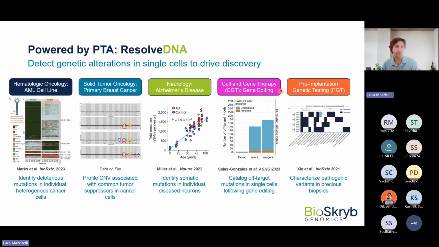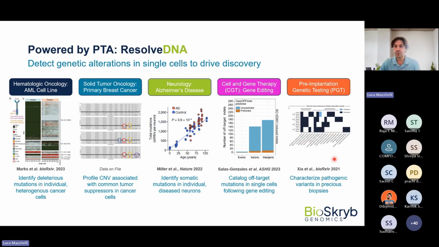When performing a gene editing approach, like the CRISPR-Cas9 approach, where you have a guide RNA to target a specific area to knock out a gene, if you have this powerful tool, which is ResolveDNA, that allows you to screen all chromosomes, the whole genome, you are able to detect not only at single cell level what is happening at the target region, but also all the off-target events like translocations and copy number variations that are happening on the whole genome.